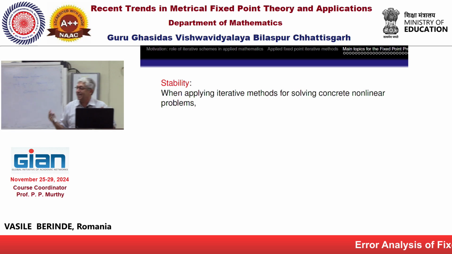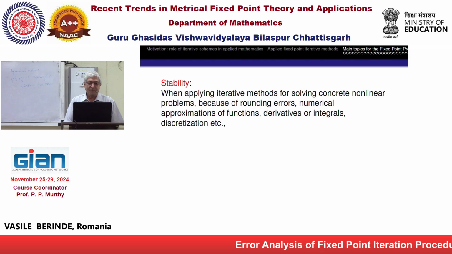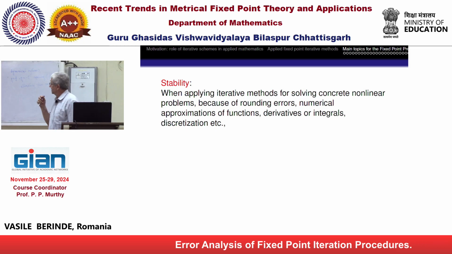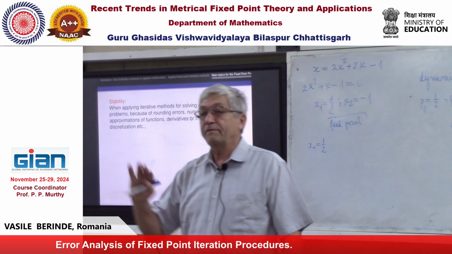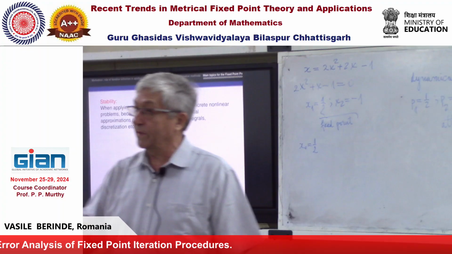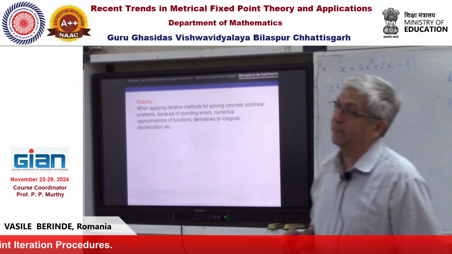Okay, this means stable. In mathematics, we have this concept in many respects. We have stability of a fixed point. We have stability of the solution of a differential equation. We have many concepts of stability.